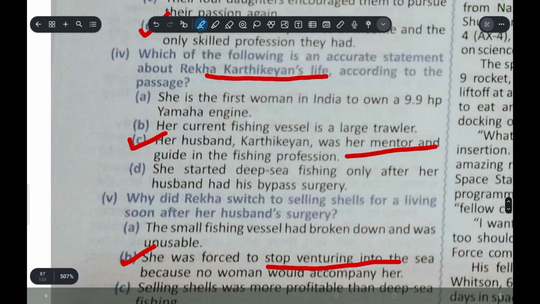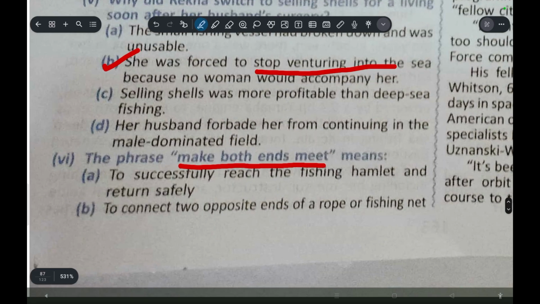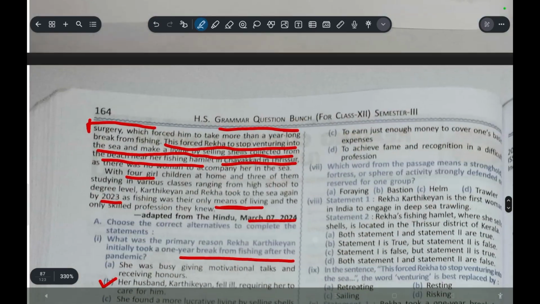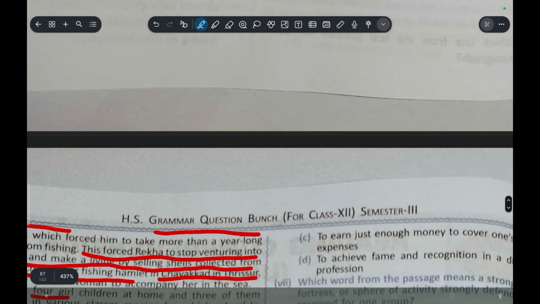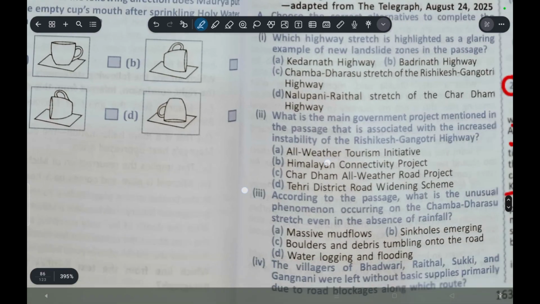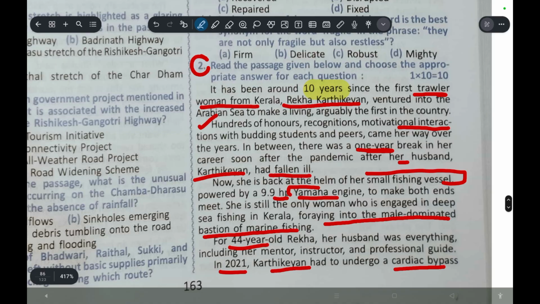So, if you don't know the meaning, then try to find the phrase in the unseen passage. Make both ends meet. Okay, let me show you where it is. Now she is back at the helm of a fishing vessel powered by a 9.9 horsepower Yamaha engine to make both ends meet.